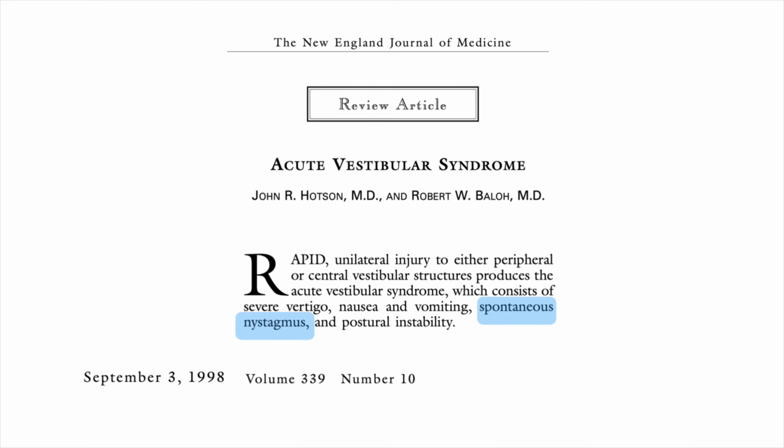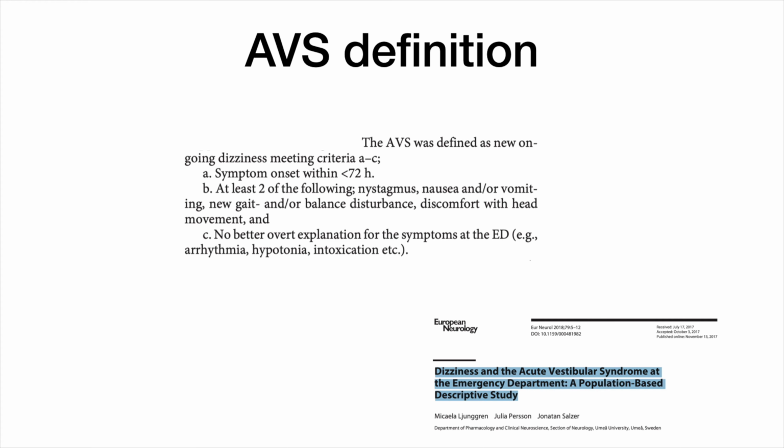spontaneous nystagmus. At this point, I should let you know that not everyone agrees to use the original strict definition of AVS by Hotson and Baloh. For instance, in 2018, Lundgren defined AVS as being ongoing dizziness with two or more of the following symptoms: nystagmus, nausea, vomiting, gait problems, or worse with head movement.